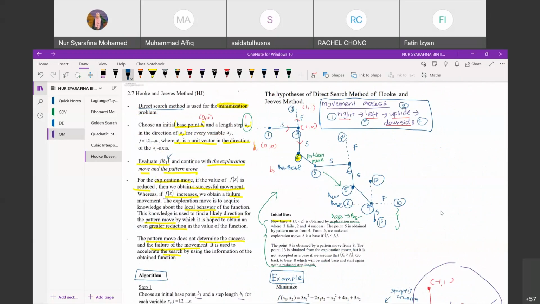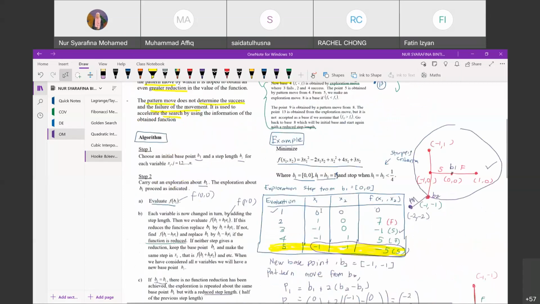From this point, you move to the right, then fail, then you move to the left. Then let's say this is success, then you move upside. Then let's say this is fail, then you move downside. So let's say this is success, then no need to move downside. Okay, all right, let's focus on this.